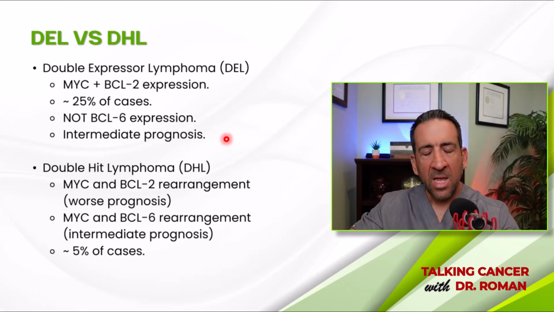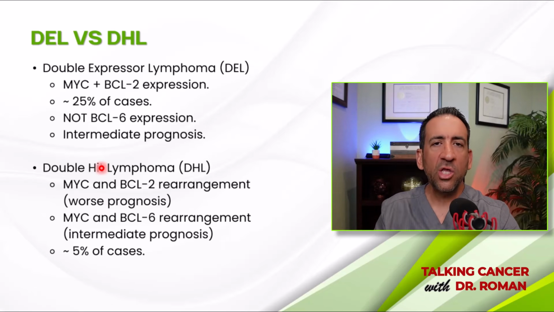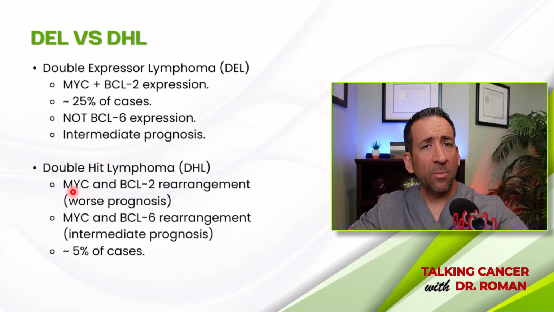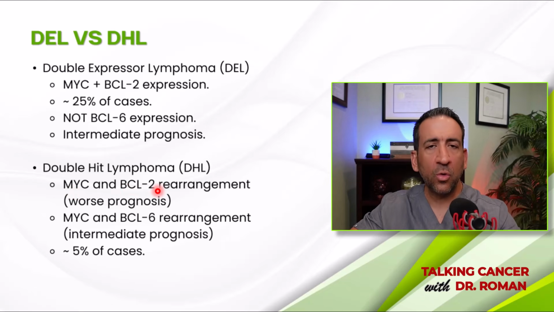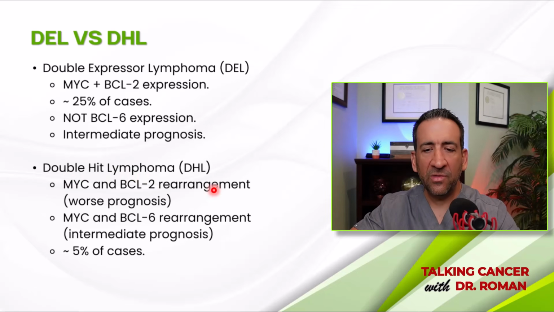All right. Now, moving on to a double hit lymphoma. In this case, we want to look at your rearrangement. And here, if you have the MYC rearrangement, meaning the MYC chromosomal abnormality, and you have the BCL2 chromosomal translocation, you have both rearrangements.